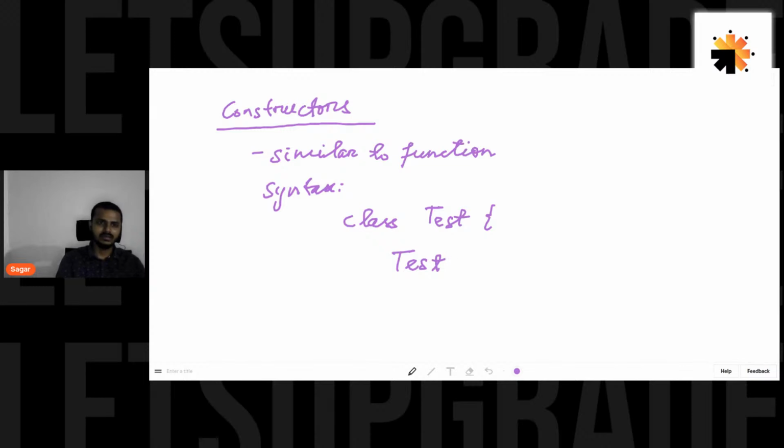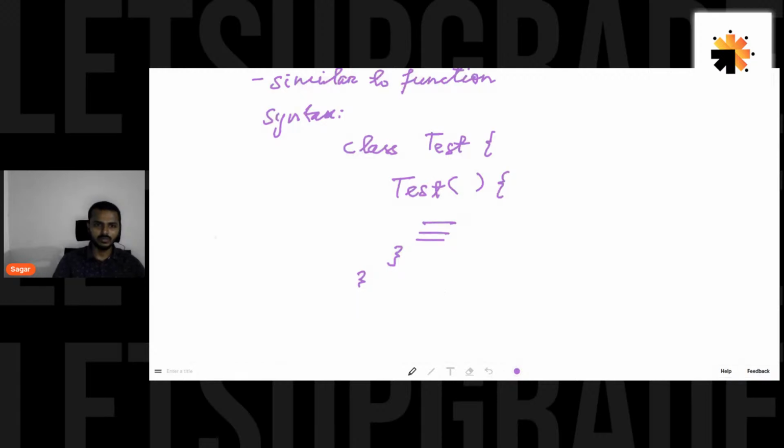And I've already said that constructors are similar to functions, so it will have brackets as well, right? Then there will be a few lines of code over here, and that's all. So this section, including the opening braces, is what a constructor actually is, right?